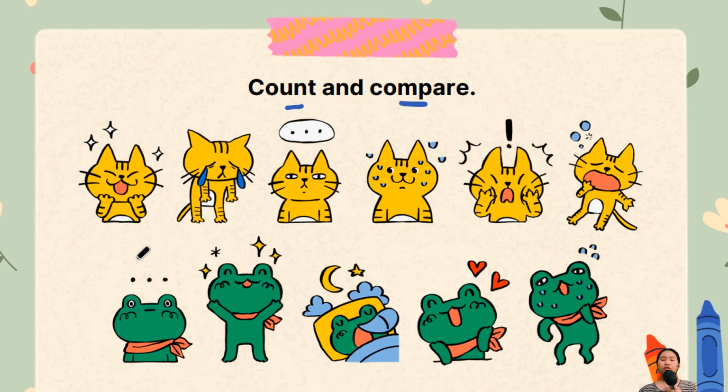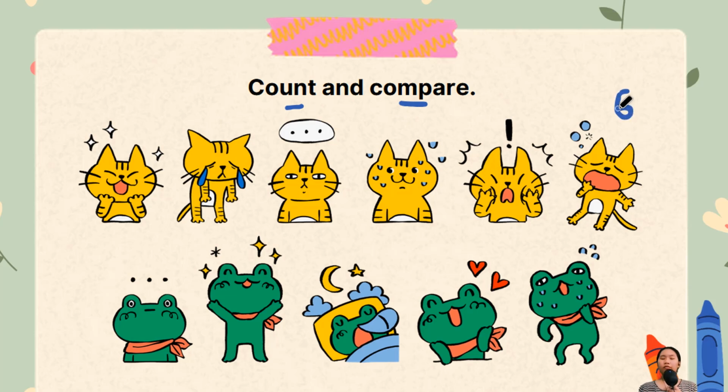Little frogs doing little things. Now, let's count the cats first. If you have been paying attention and following my lessons, you can easily tell that this is 6 cats, okay? 1, 2, 3, 4, 5, and 6. So we have 6 cats up here.